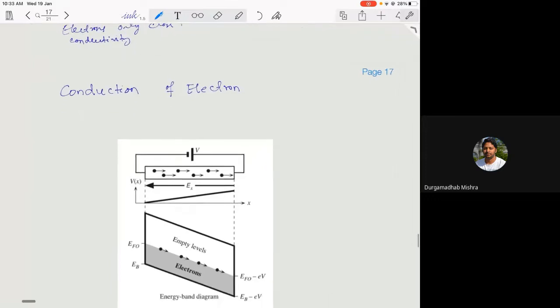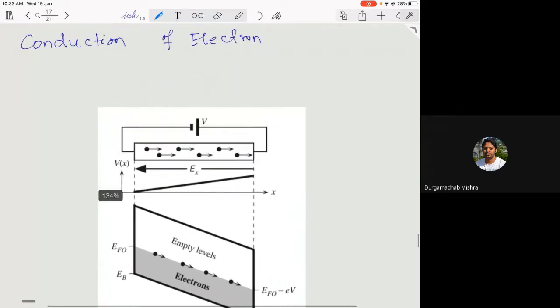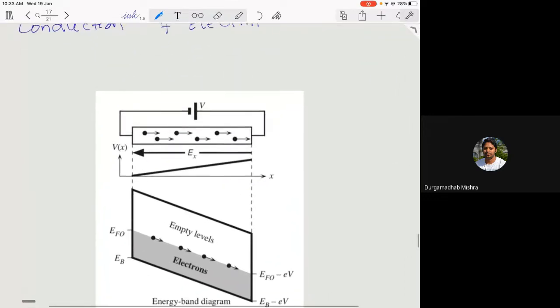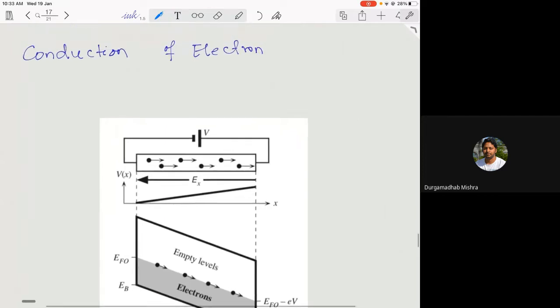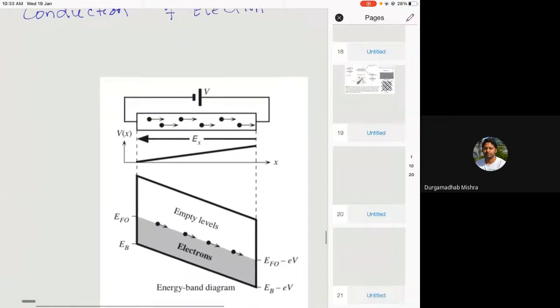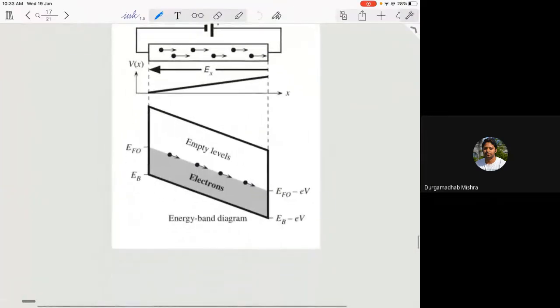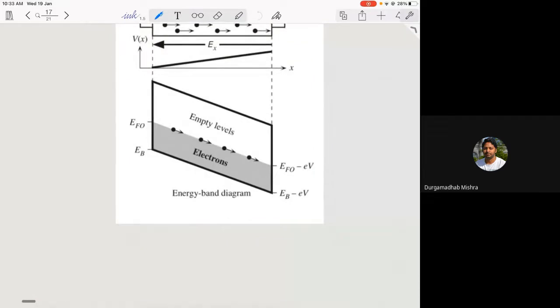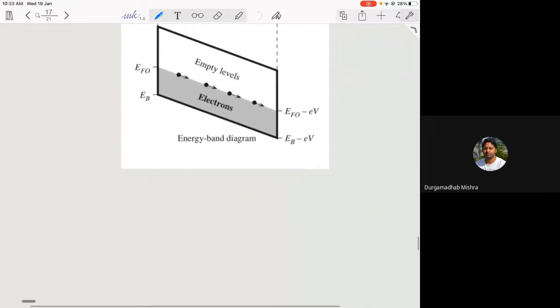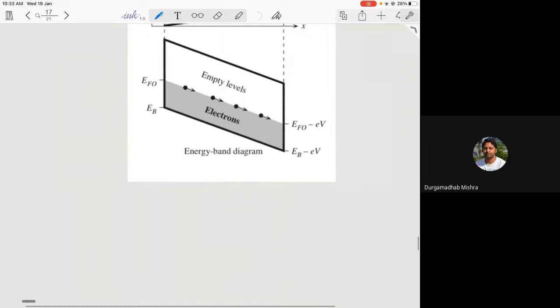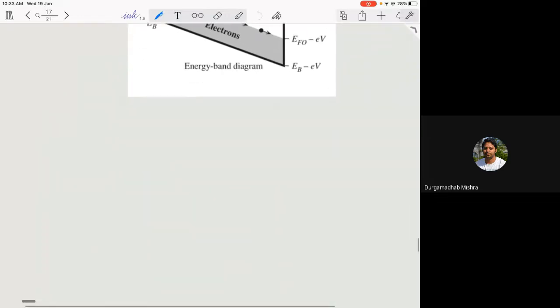So here we have a material and we are applying a voltage across it. That means there is an electric field. So this is a schematic to represent the whole thing we explained, shown in an easy way.